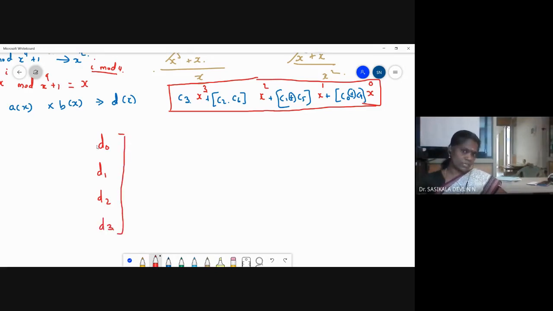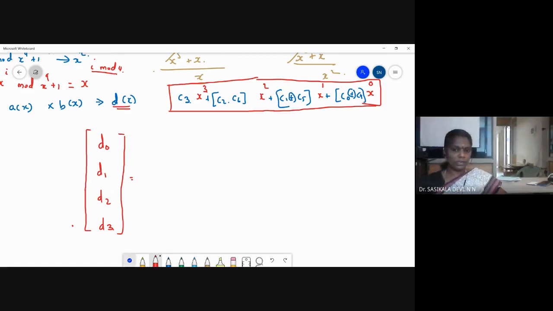Okay, I'm going to represent this in terms of a matrix. So the coefficients of this polynomial are represented as a matrix like this. As you know already, this is the coefficient of the most significant bit, the coefficient of the higher degree element. So D3 is the coefficient of x power 3, D2 of x power 2, D1 of x power 1, D0 of x power 0.